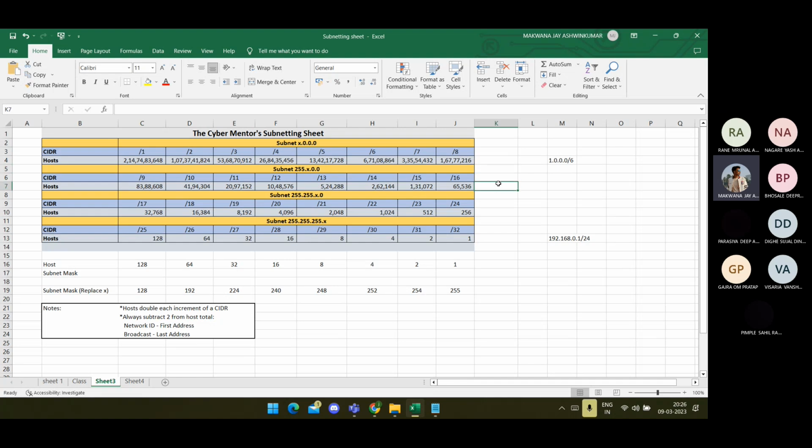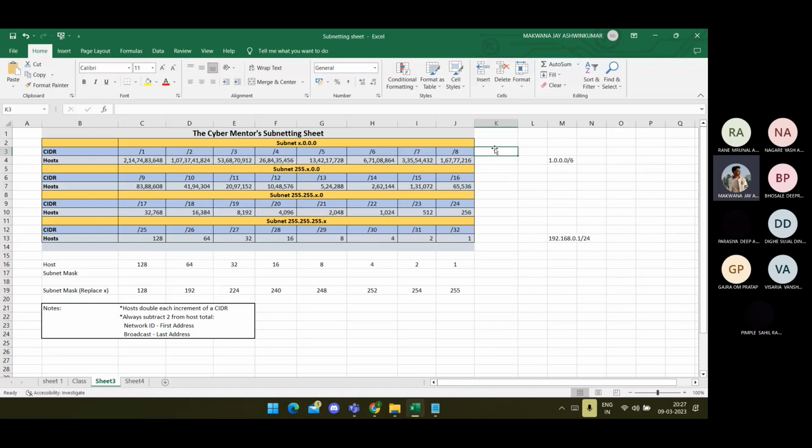So in the next session, please attend. We will complete this part, and I will give you an assignment of different IP addresses so you can find the number of hosts and networks of each.